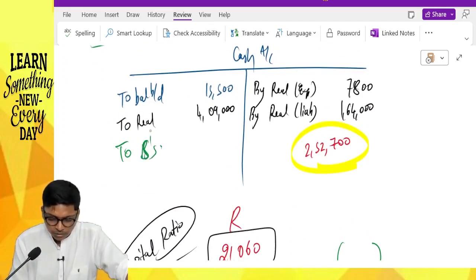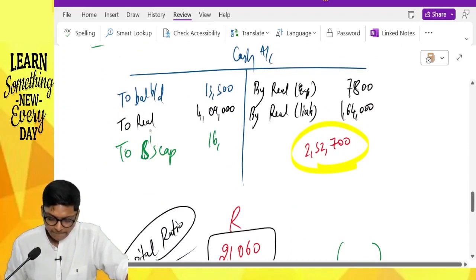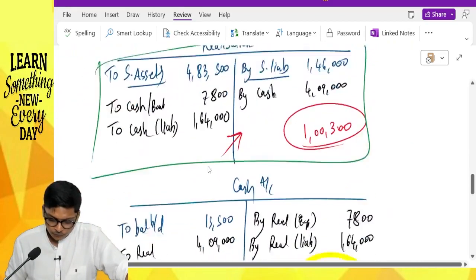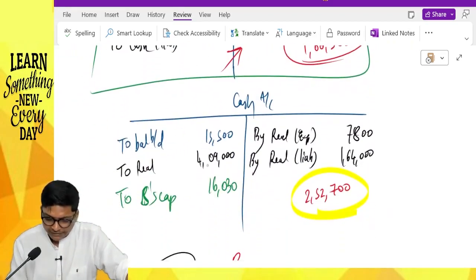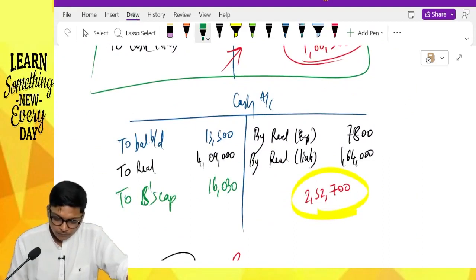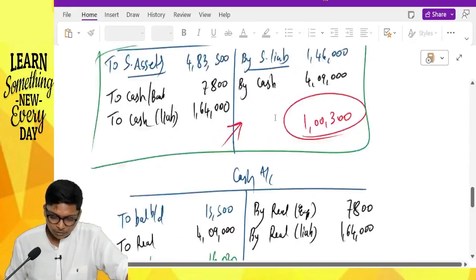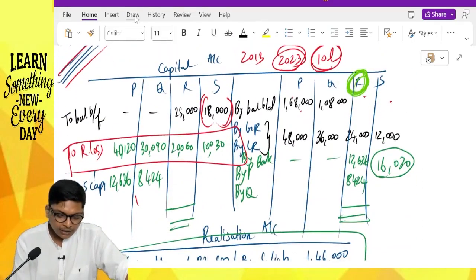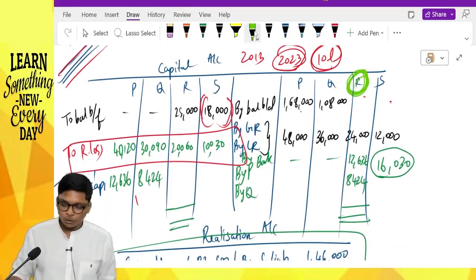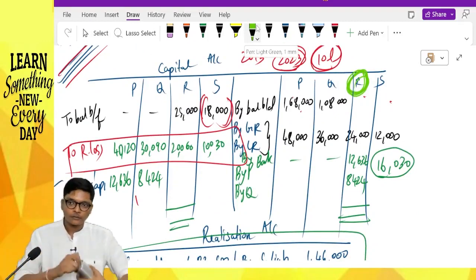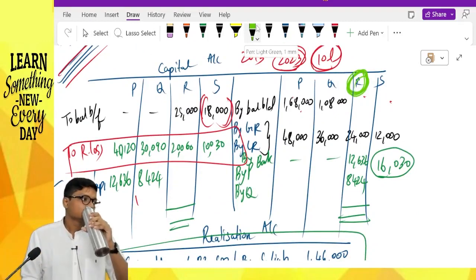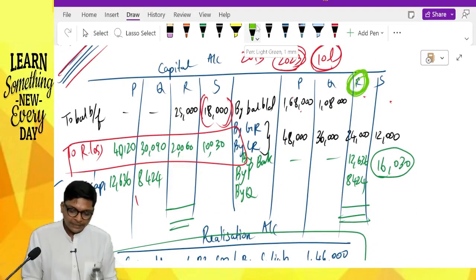PQRS. S capital 16,030. Do it till here, then I will tell you what to do next. 16,030. Are you all done, guys, till here? Do it fast. P?